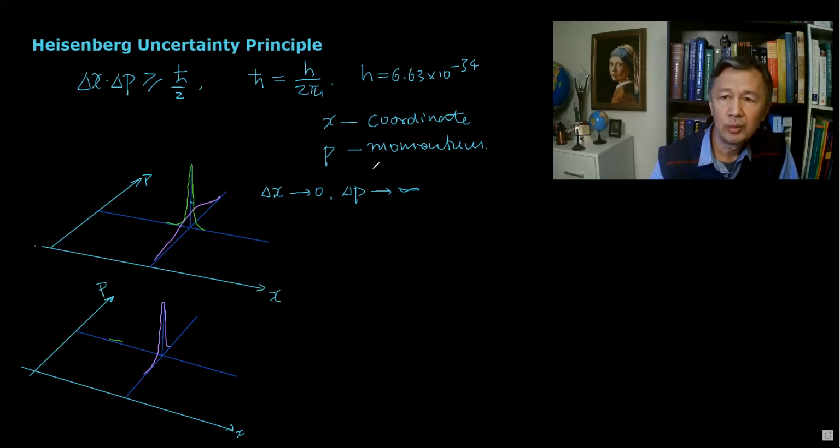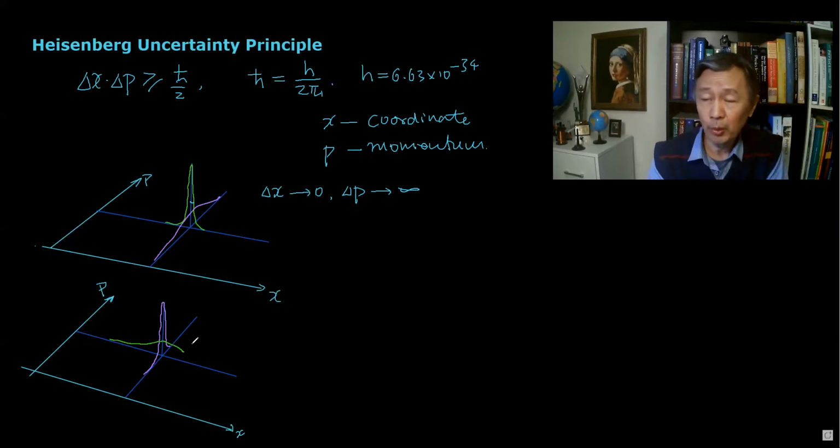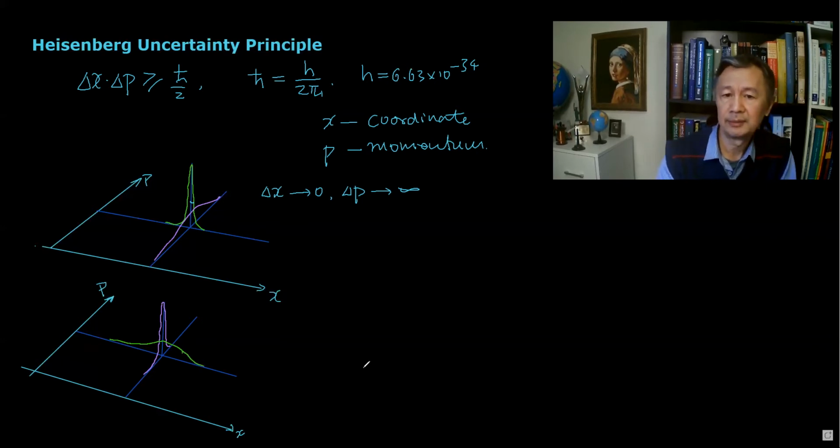The other way around, if the momentum is measured accurately, then the uncertainty in measuring its position will get very large.